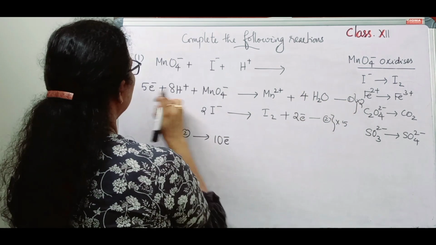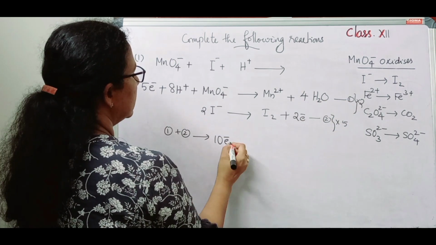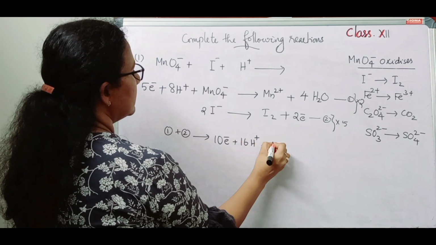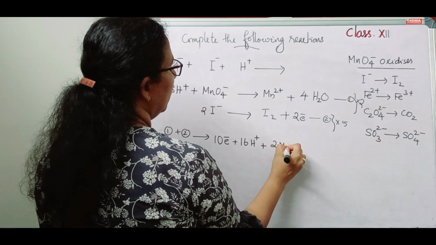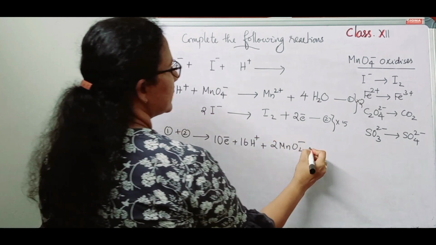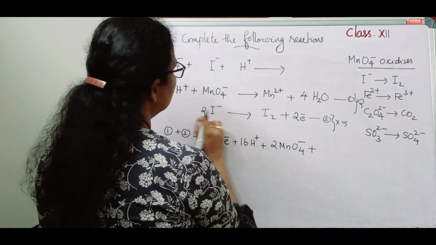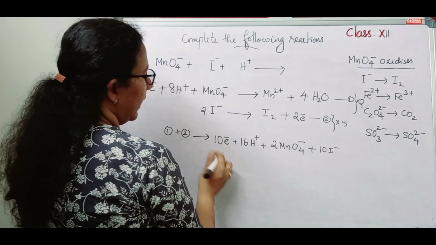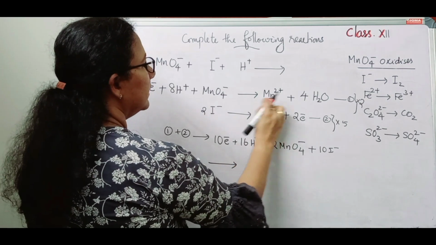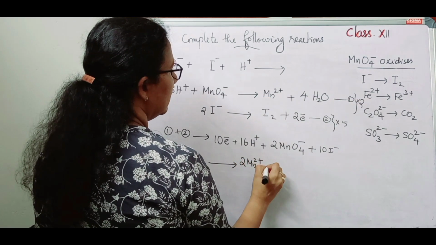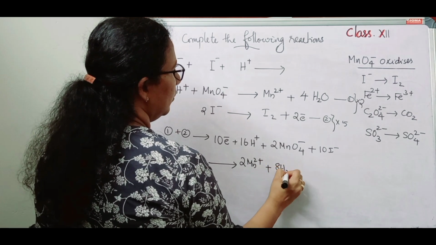So 2 into 5, that is 10 electrons plus 16H plus plus 2 MnO4 minus. Then from the second equation, the left side, that is 5 into 2, 10I minus. So the whole left side is added. Then the right side, that is 2 into Mn2 plus, 8H2O.